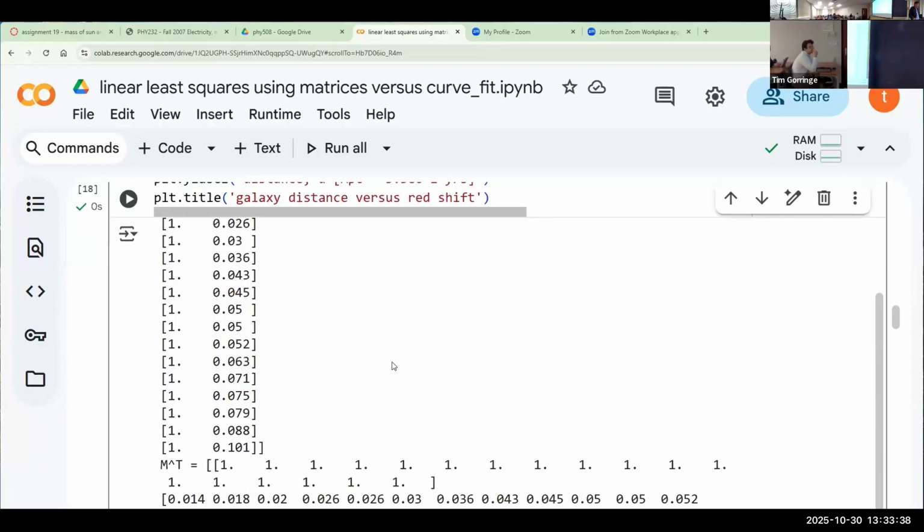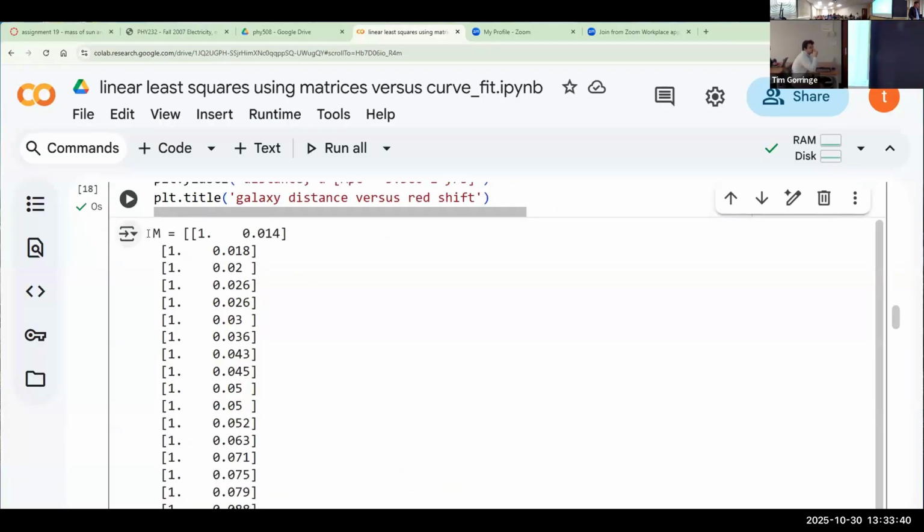So this first bit here is the matrix M. Remember, this is the van der Monde matrix. Its left-hand column is a bunch of ones, and its right-hand column is the independent variable to the first power. So this is just the fractional redshifts in this second column.